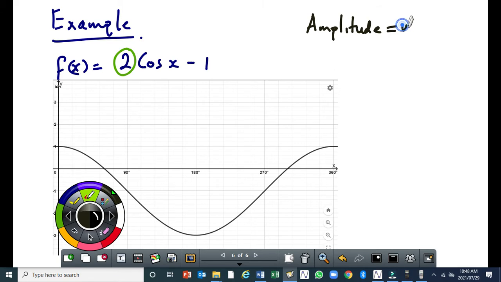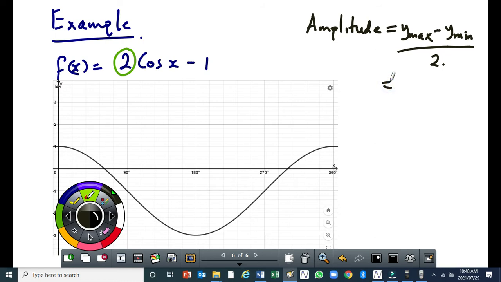The formula is y max minus y minimum all over 2. With this formula, you never go wrong in finding the amplitude for any graph of sine and cos. Remember, for tan, no amplitude.